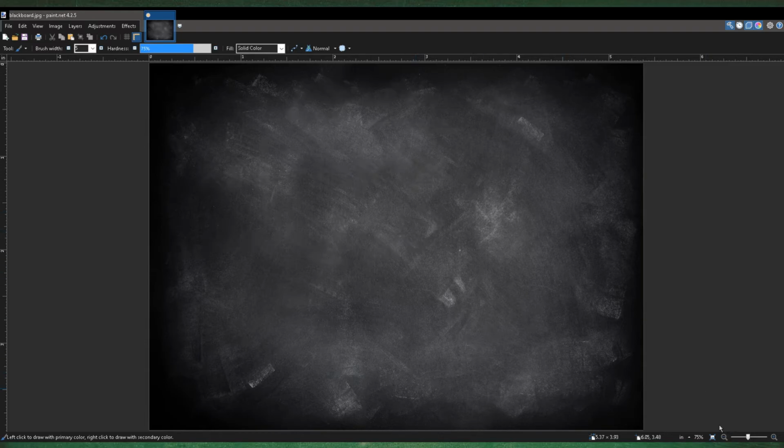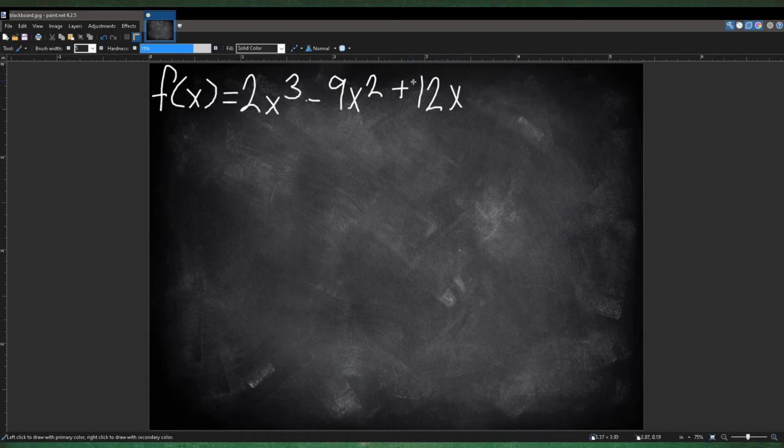So how do you find the maxes and mins of a graph? Well, basically, all you're going to have to be looking for is the x-intercepts of the derivative. So let's give an example. Let's say we have an equation f of x, and we say f of x is equal to 2x to the power of 3 minus 9x squared plus 12x and let's say plus 6, right?